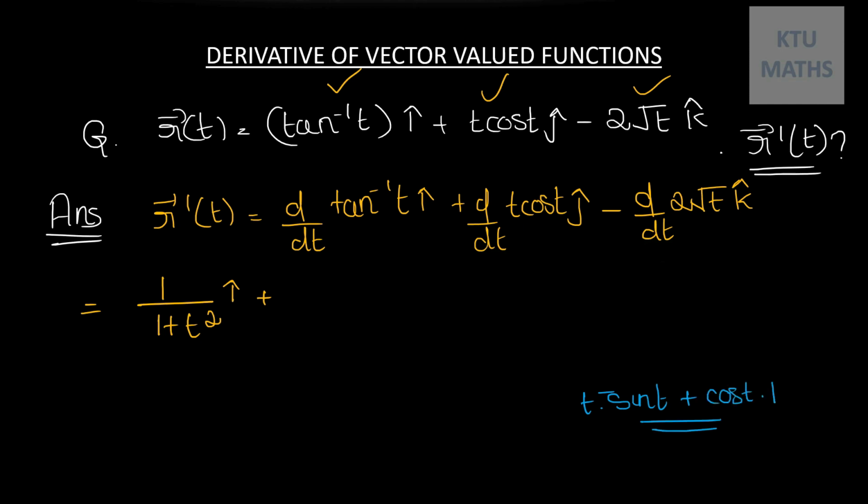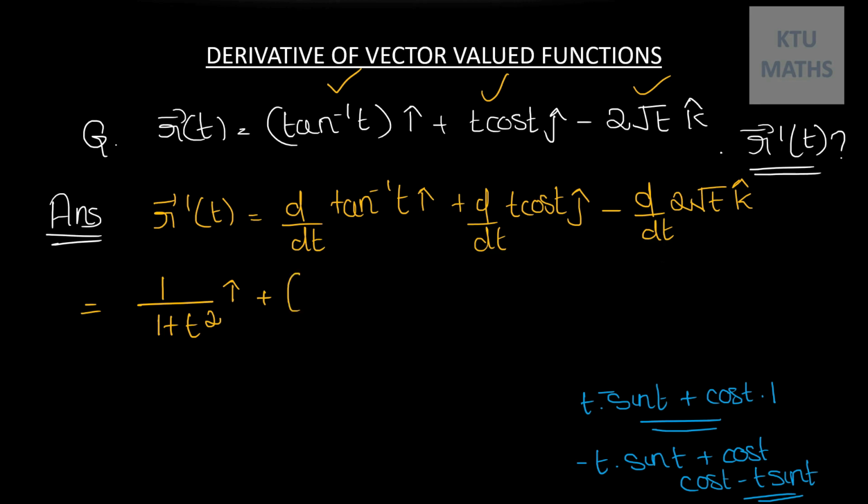So this is the answer. Minus t sin t plus cos t. And it can be rearranged and written as cos t minus t sin t. This will be the answer that is put here.